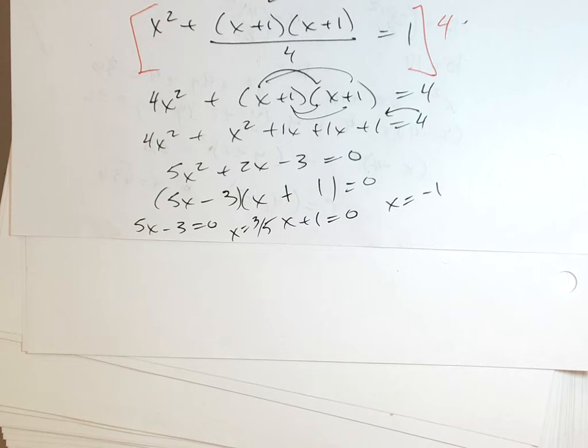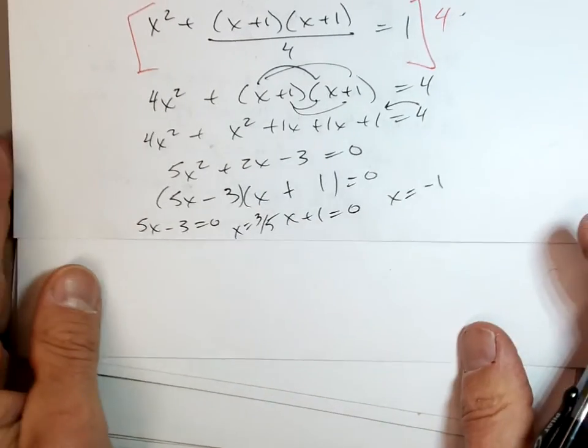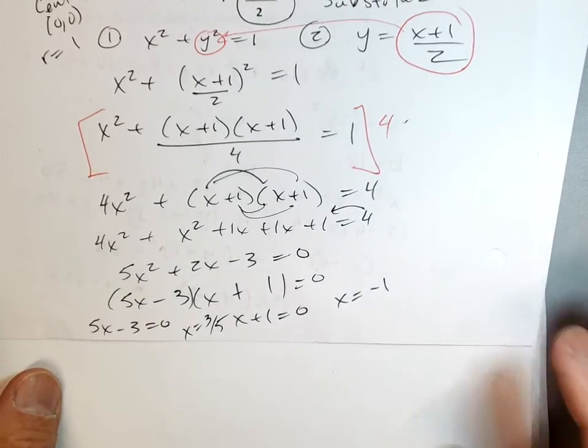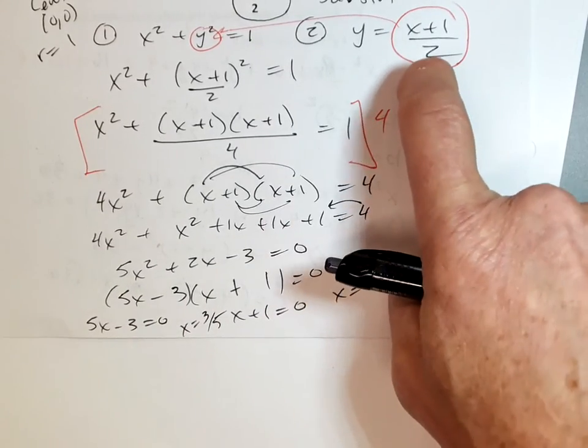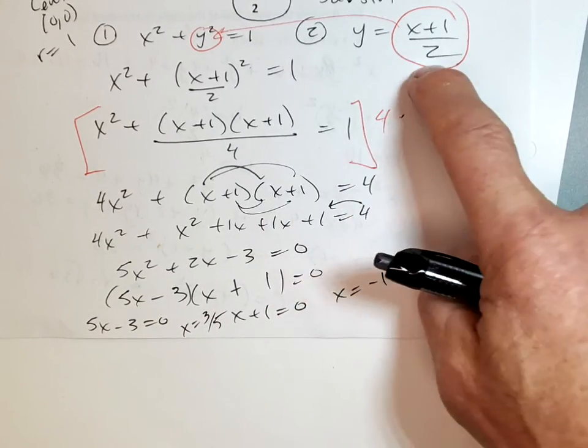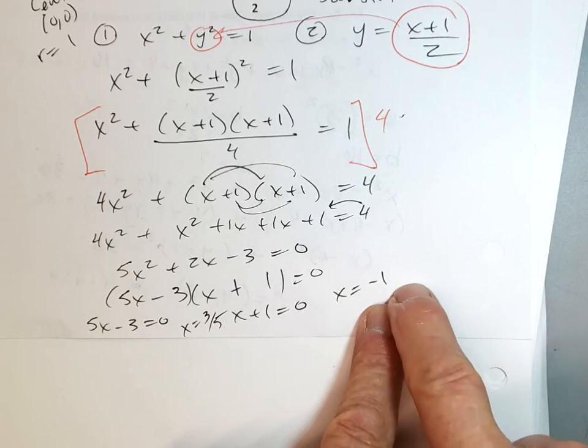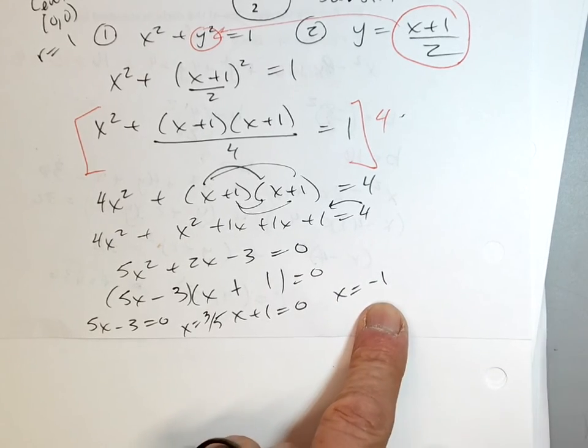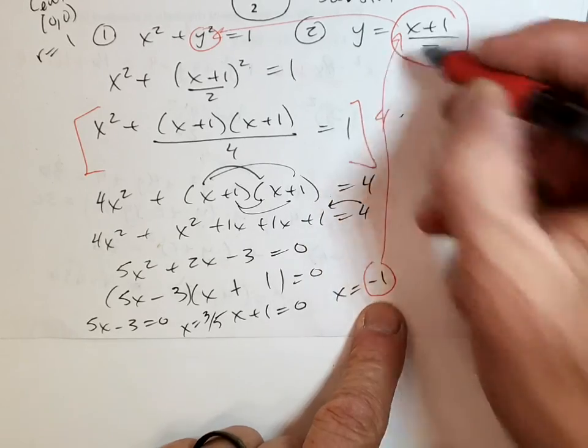So to get its corresponding y value, because it's a point, right? I need to find the corresponding value that goes with it. Well, let's go way back to our first equation. I can find y if I put in an x value. Let's take the easy one first. Let's plug negative 1 into here.